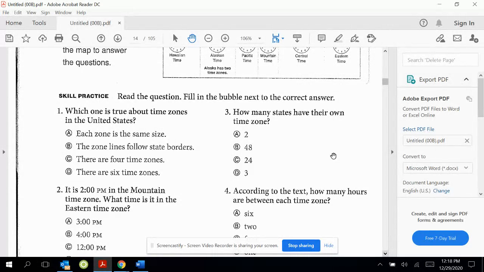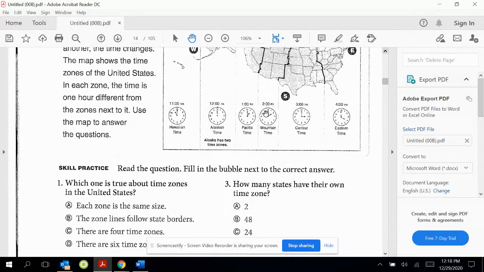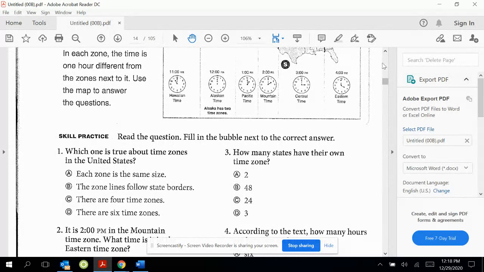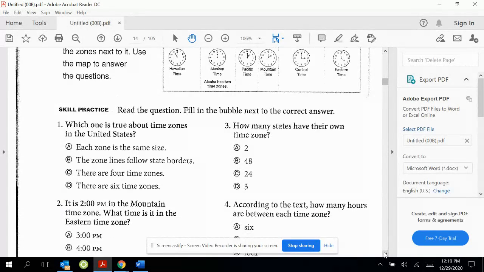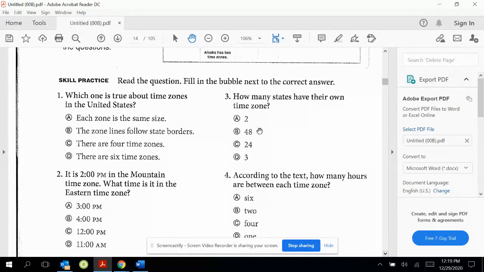What time is it in the Eastern Time Zone? So let's look up here. Here's the Mountain Time Zone, and it says it's 2 p.m. Okay, it's 2 p.m. there. So it wants to know what time in the Eastern Time Zone. They don't even have you do math for that, do they? Because they had it just that way.